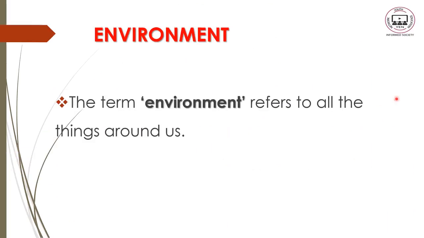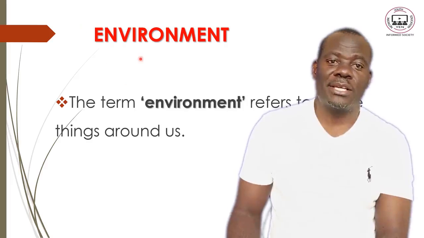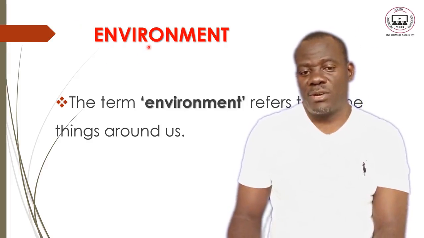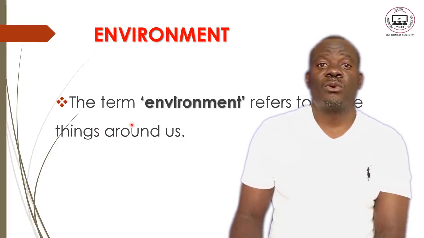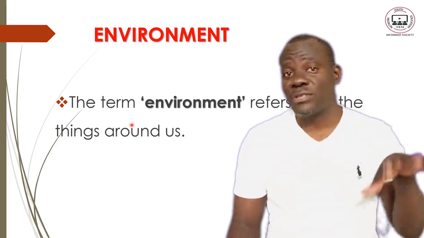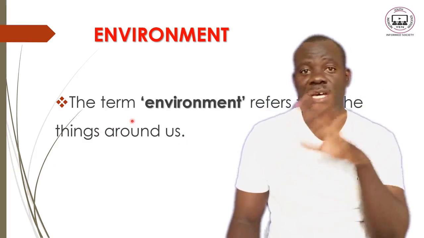Now, the environment, what does the term environment mean? What does this word environment mean? When we say environment, it refers to all the things around us. So what are the things that are around us?